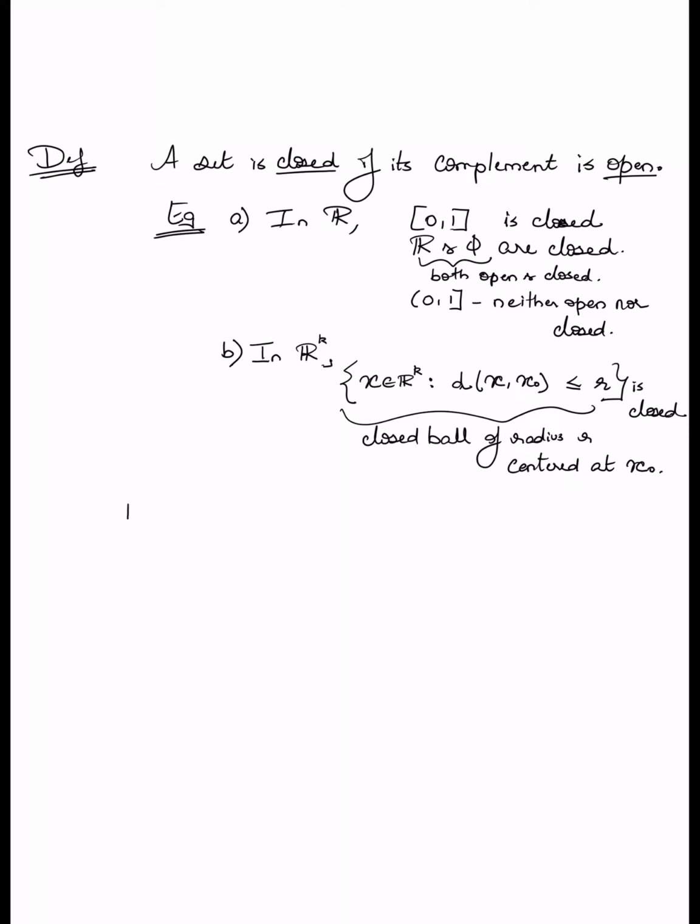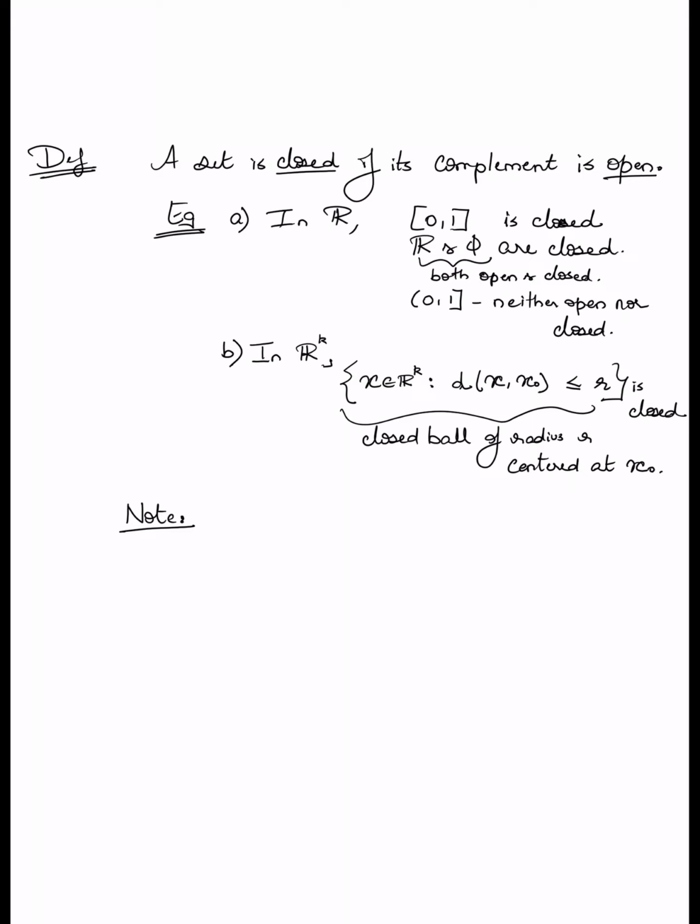And finally, let me make one final observation. Now recall that we mentioned that arbitrary unions of open sets are open and finite intersections of open sets are open. Now closed sets are complements of open sets. So by De Morgan's laws, you can actually say something about closed sets as well.